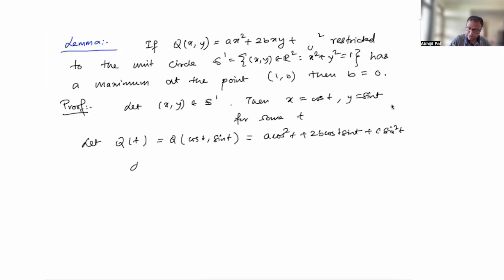Now we take the derivative of this q with respect to t. This will be equal to minus twice a cos t sin t plus twice b cos squared t minus twice b sin squared t plus twice c sin t cos t.